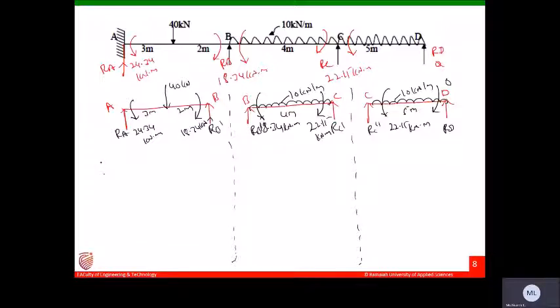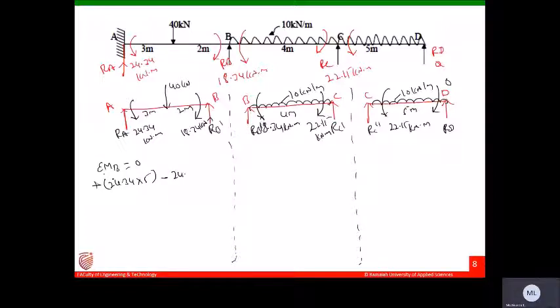Let us take the algebraic sum, the equilibrium condition. Let us consider equilibrium, sigma MB equals 0. Then what is sigma M equals to 0? 24.34 into 5. Rotating clockwise it is plus. Then minus 24.